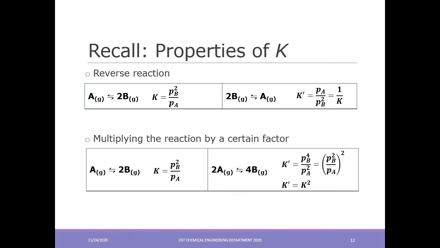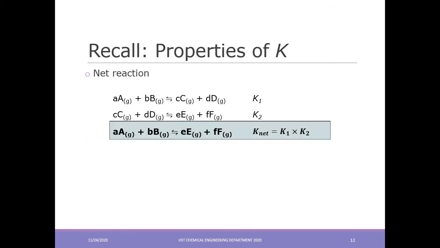Second, when the reaction is multiplied by a certain number, the equilibrium constant is raised to the power equal to that number. Finally, when you have a series of reactions wherein each step has its respective equilibrium constant, the equilibrium constant of the net reaction is equal to the product of the equilibrium constants of the reaction steps.